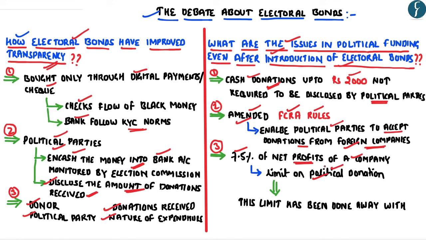However, according to a recent amendment carried out by the government, this limit of 7.5% has been done away with. Now this provision gives scope for companies in India to give a higher amount of their profits to the political parties, and thus such companies will be in a position to influence the policies of the political parties in India. So these are some of the aspects which one should know with respect to the debate about electoral bonds in India.